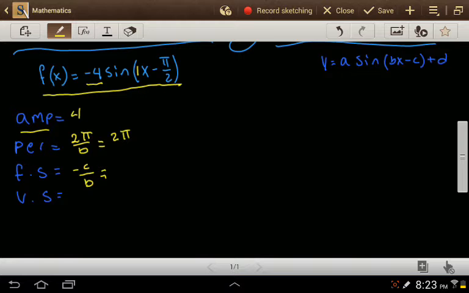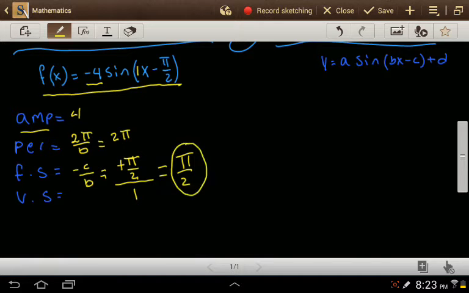Okay, so we have C being negative pi over 2. So negative C will be positive pi over 2, over B, which is 1. This will create pi over 2.